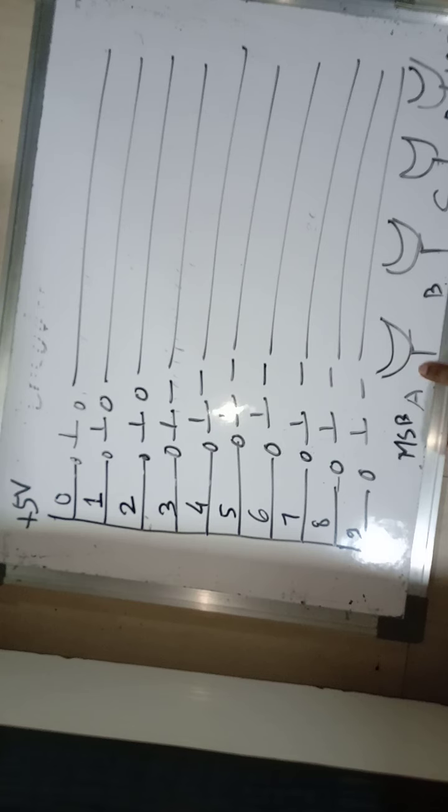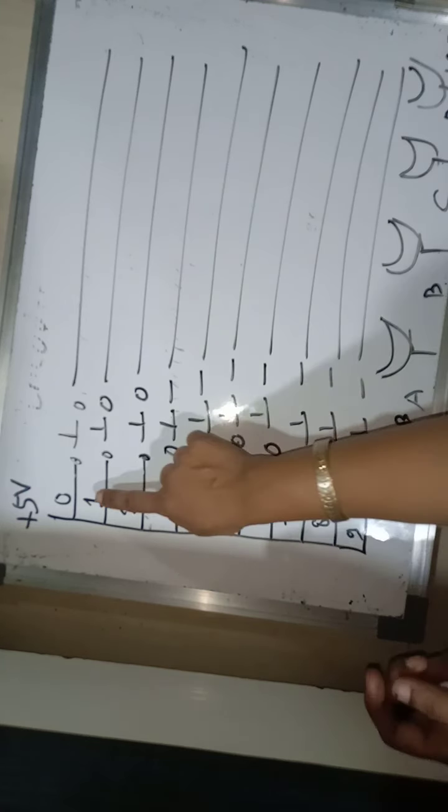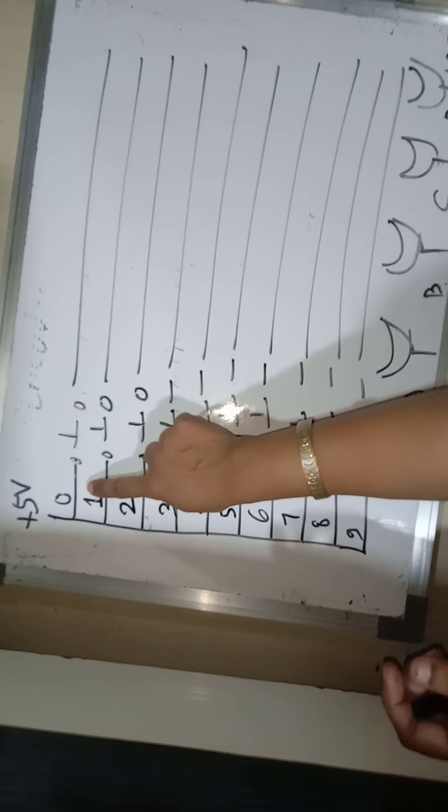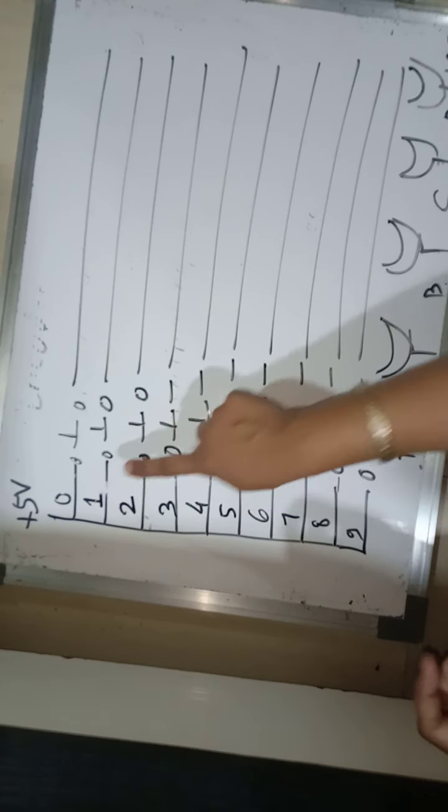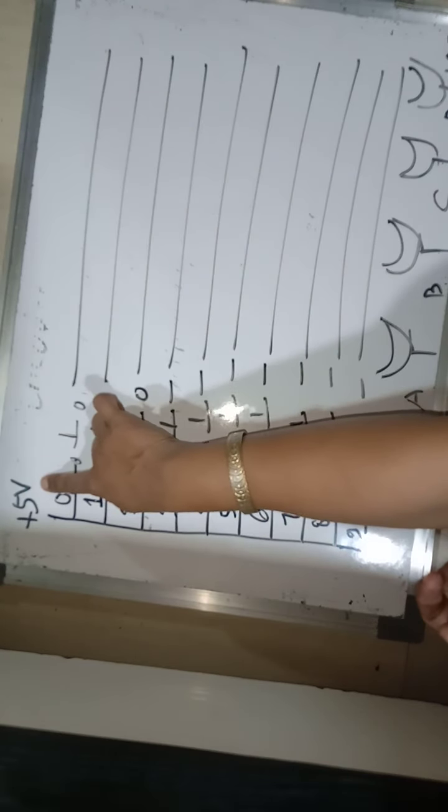After pressing, it automatically generates its equivalent BCD code. For example, if I press this switch, it gets connected to its respective OR gate, and by using this 5 volt supply through the gate connection, it automatically gets converted into its respective BCD number.